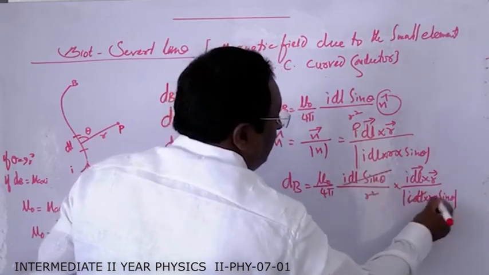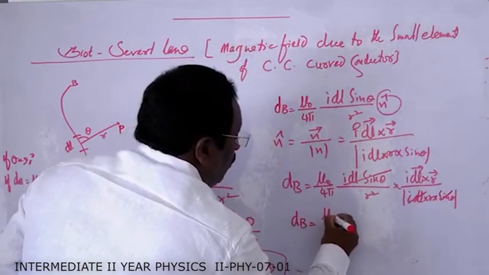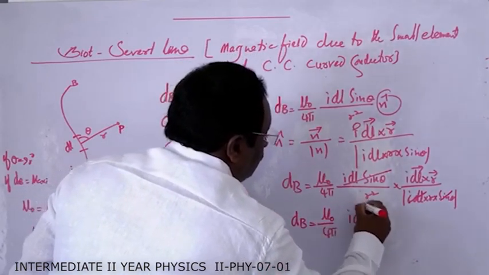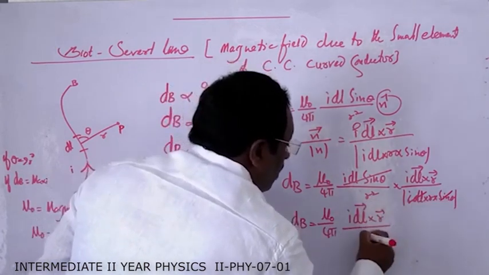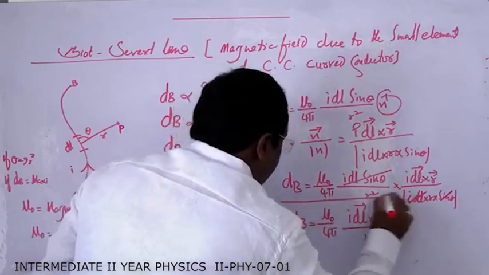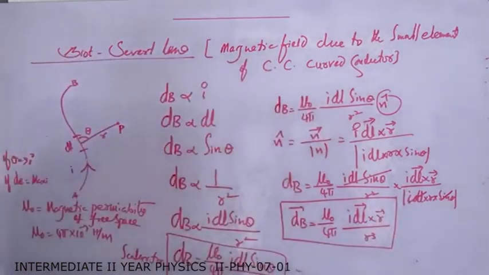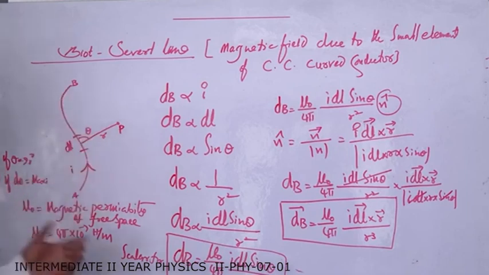I dl sin theta is the cross product, so we have dB equal to mu naught by 4 pi, the current element by r square into r cube. So this is the vector form of Biot-Savart law, used to find the magnetic field due to a small element of a curved conductor.